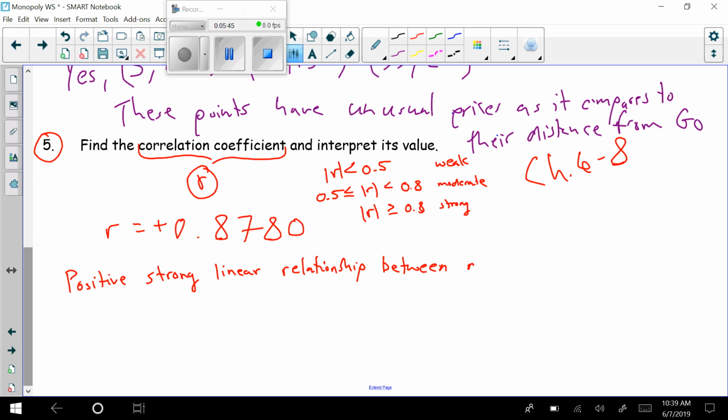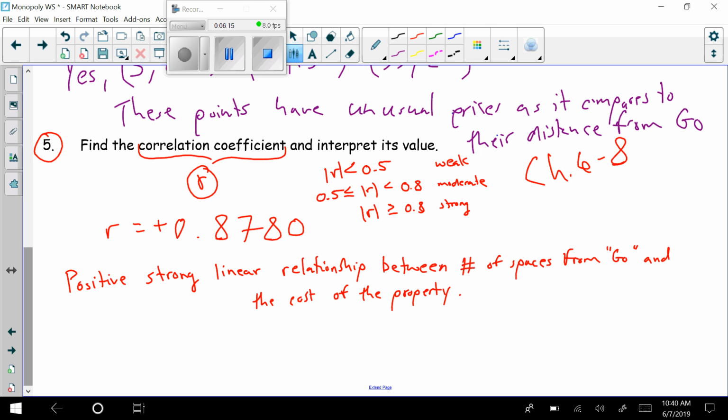I will put number of spaces from Go and the cost of the property. Okay, and then that is perfect.